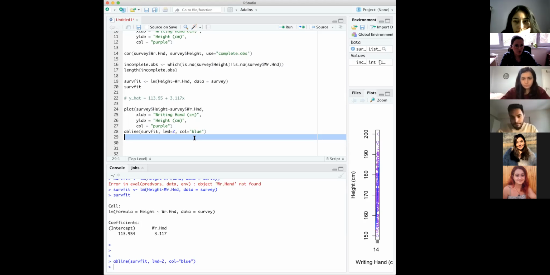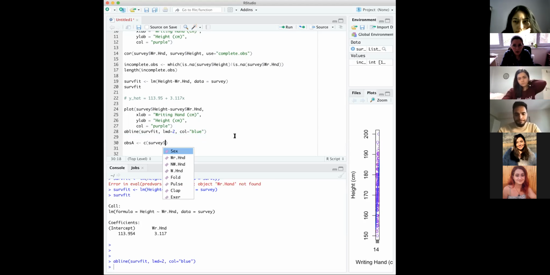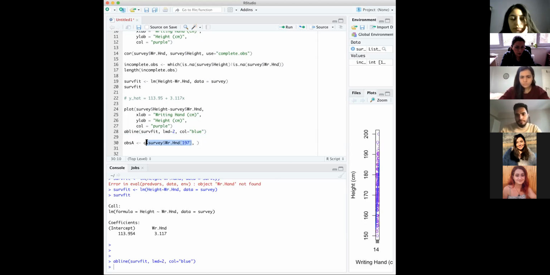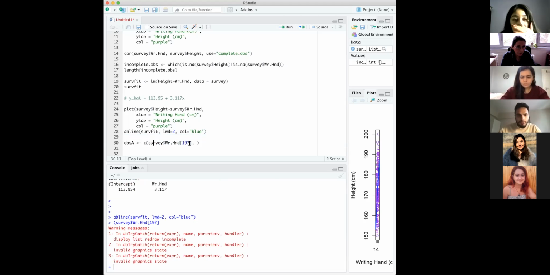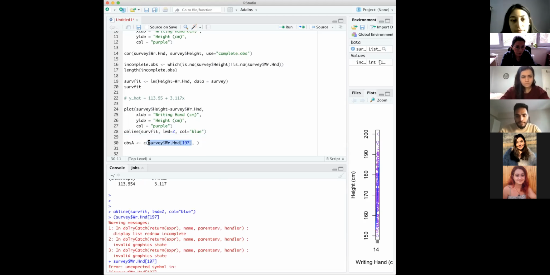So let's first choose an observation A. And I'm going to choose from survey data, of course. And one of them is my right hand. And let's index that. I want to get the 197th observation. If you run this, you will see a number.